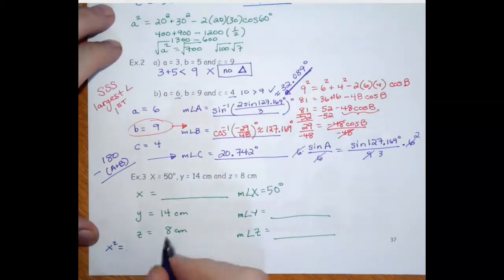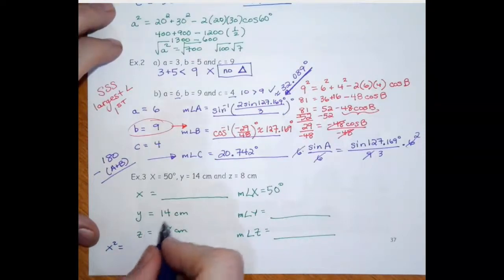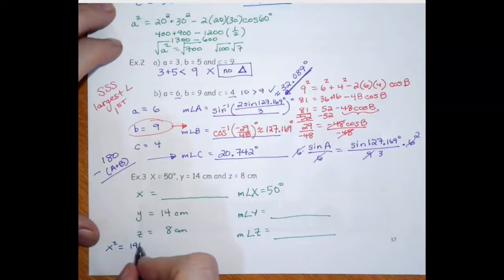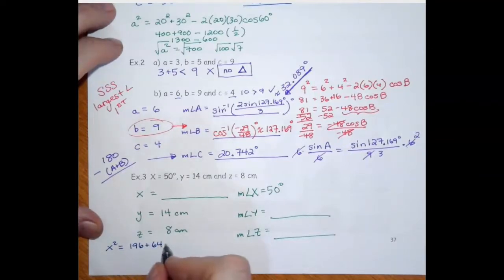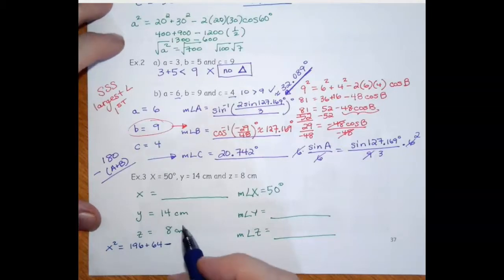X squared equals 14 squared, which is, maybe we can just do that. 14 squared is 196 plus 8 squared is 64 minus 2 times, can we do this? 8 times 14 is 112 times 2, 224. Cosine of x.